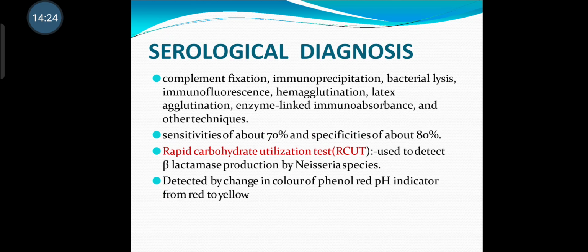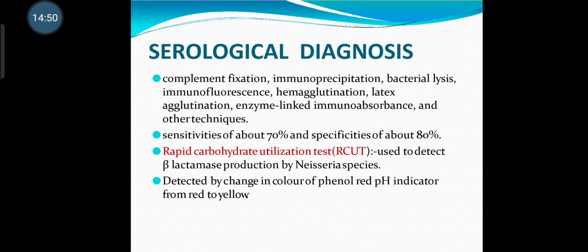Serological diagnosis, that is the serum is used for diagnosis. Complement fixation, immunoprecipitation, bacterial lysis, immunofluorescence, hemagglutination, latex agglutination, enzyme linked immunosorbent assays and other techniques are used, with sensitivities of about 70% and specificities of about 80%.